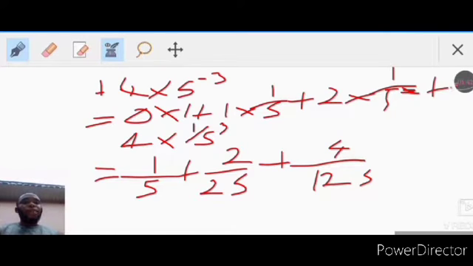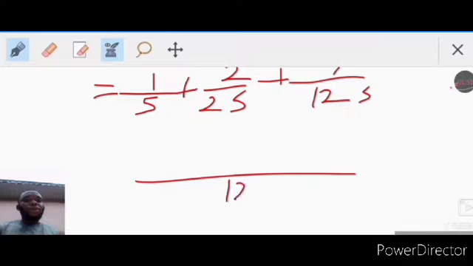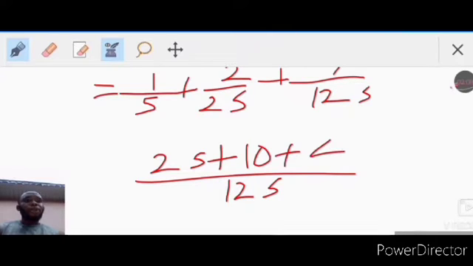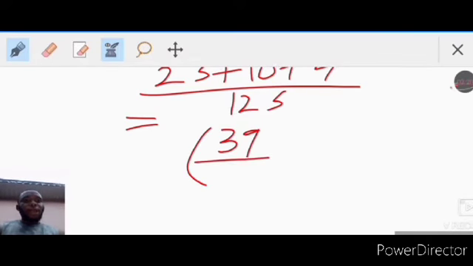So our LCM there will be 125. 125 divided by 5, we have 25, plus 10, plus 4, equals 39 over 125.